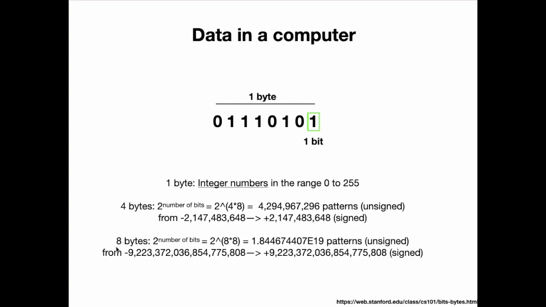Now if we would use 8 bytes to represent our integer number, same, we can compute the range of variation, 2 to the power 8 times 8, and now we come to this huge number, which is close to 10 to the power 19. So if you use 8 bytes to represent your integer number, you can capture a very large range of integers.